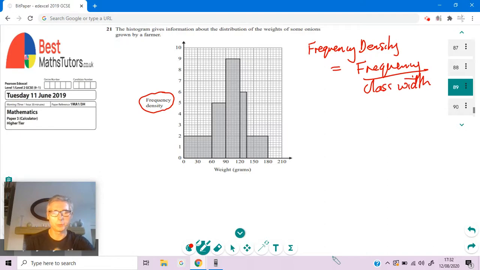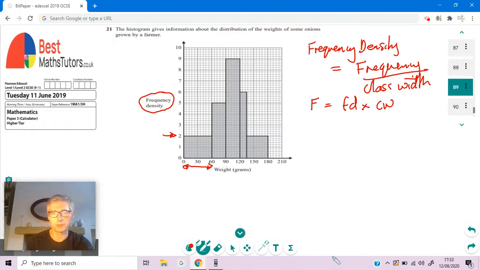Okay, so we can see that here's the frequency density. So this first group, the frequency density is 2, and the class width is actually going from 0 to 60. If we wanted to get the frequency as opposed to the frequency density, we could rearrange this and we get the frequency, which I'm just going to use f, as given by the frequency density, fd, times by the class width, so I'll call that CW.